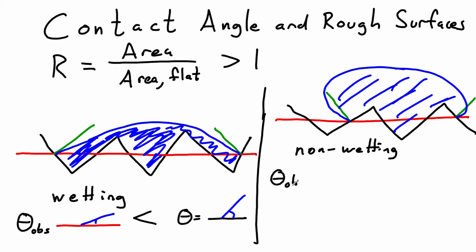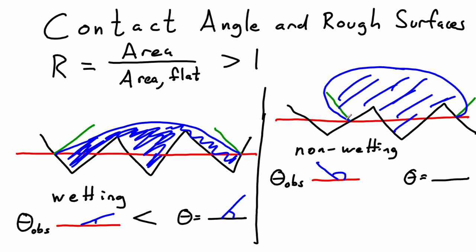So we look up the observed contact angle. It's going to be between the mathematical plane and our liquid. So there's our angle. And if we look at theta actual, it's between the material itself.